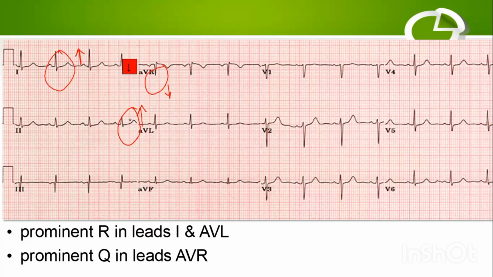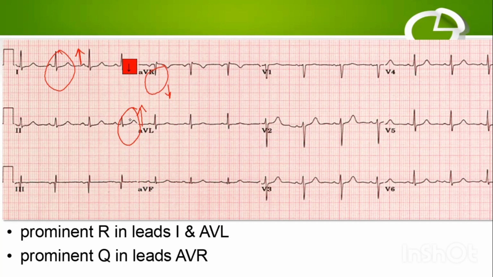This is standardized ECG. If we find reversal of leads in limb leads, especially lead 1 and AVL and lead AVR reversal, we must look at the R progression in chest leads.